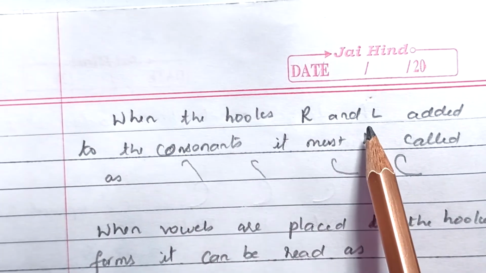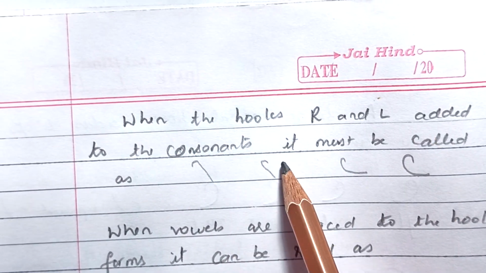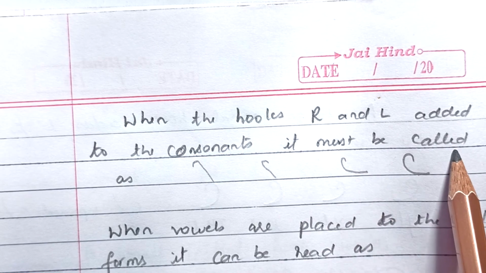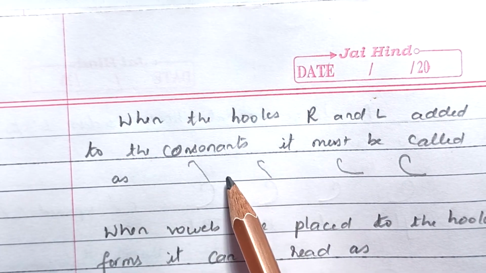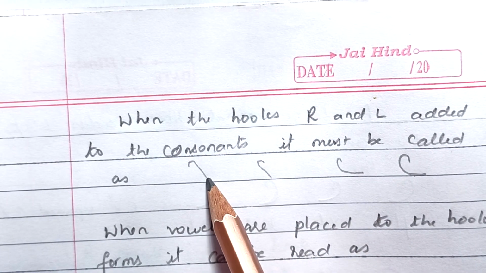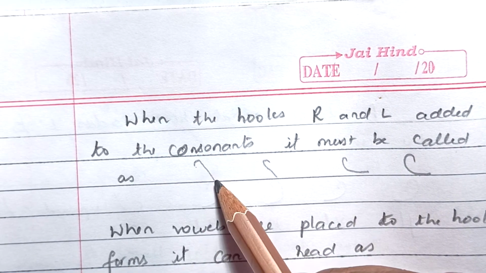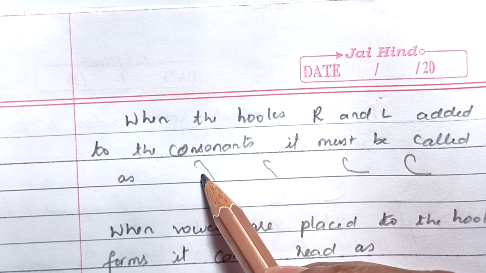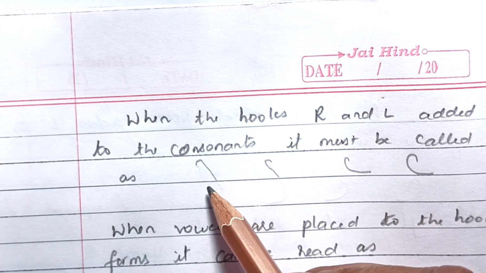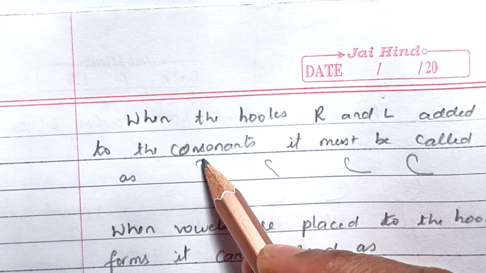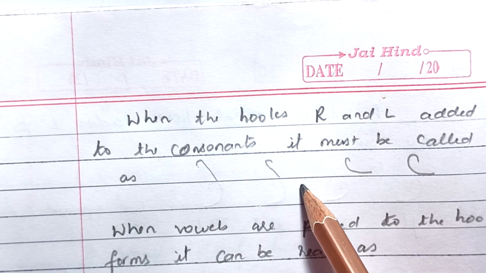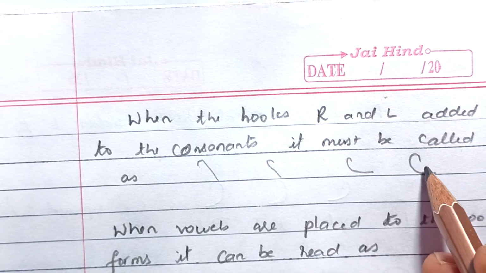And further, when the hooks R and L are added to the consonant, it must be called not PR but per. Suppose I add a hook to this consonant P, then while reading, the sound will be per, and this is pal, fur and full.